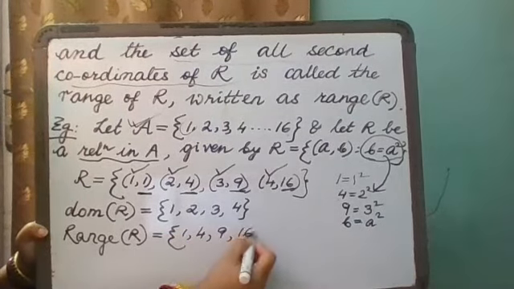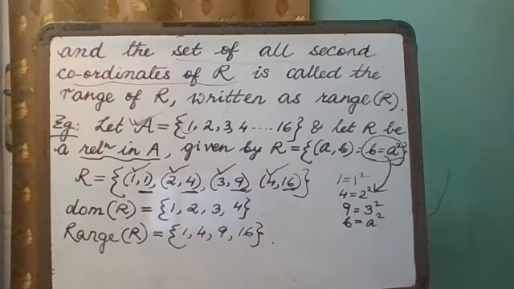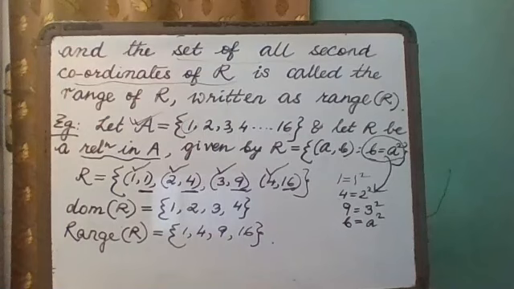So this is domain and range of a relation. Any clarification, any doubt you have, you can ask. I'm going a bit slow today, only explanation. So many things to explain before I start with the exercise, so today and tomorrow I'll explain.